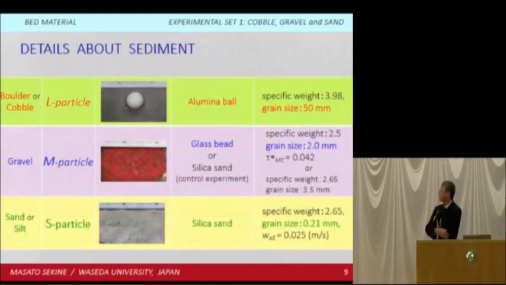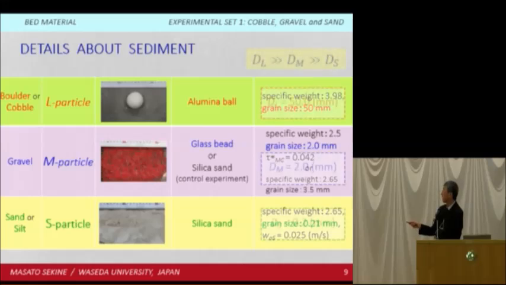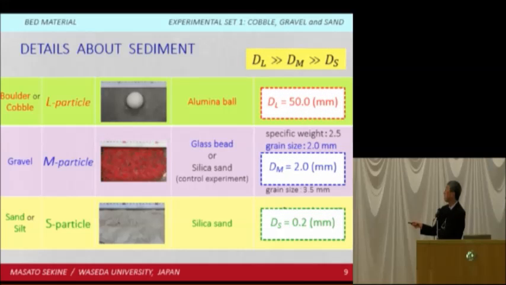Details about the sediment in this case are summarized in these tables. L particles, M particles, and S particles: the sediment diameters are written here.